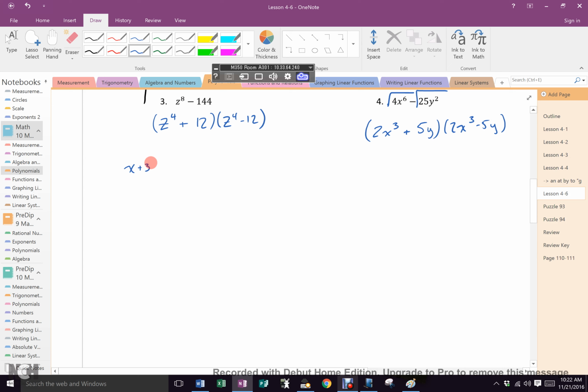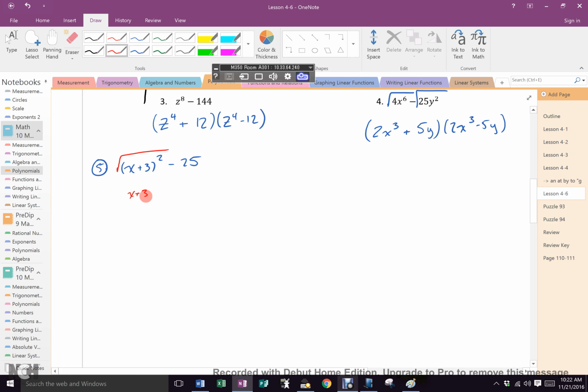X plus 3 squared minus 25. That's your first one that you should be cool with. You have a trick to do that. What is the trick? Pardon? Square root both. So what is the square root of x plus 3 squared?